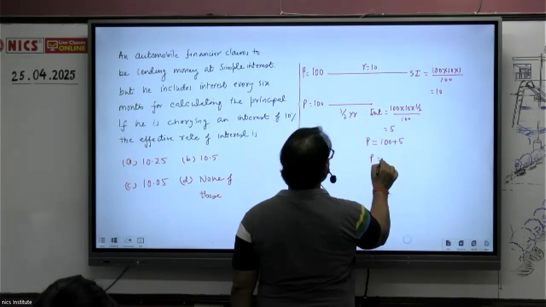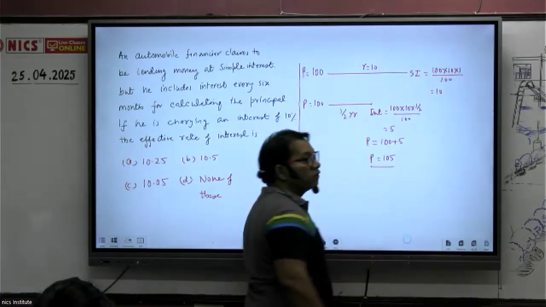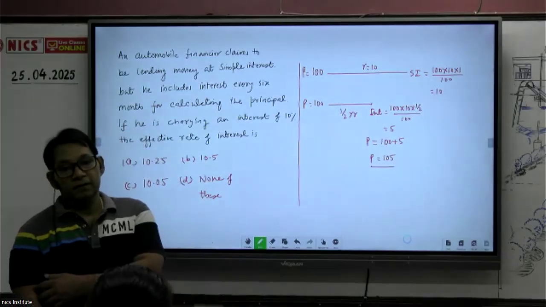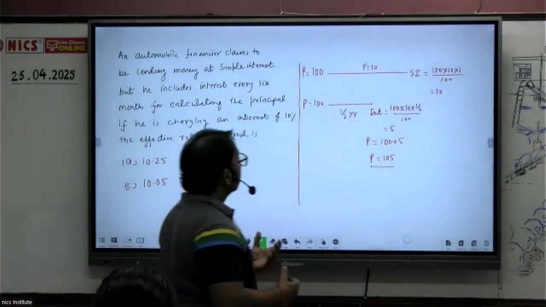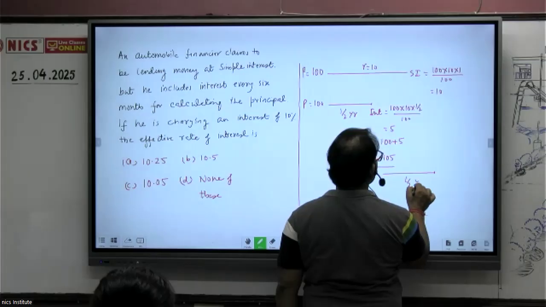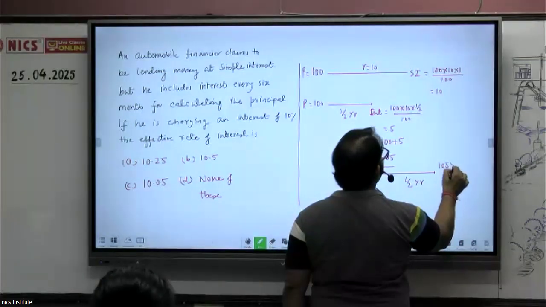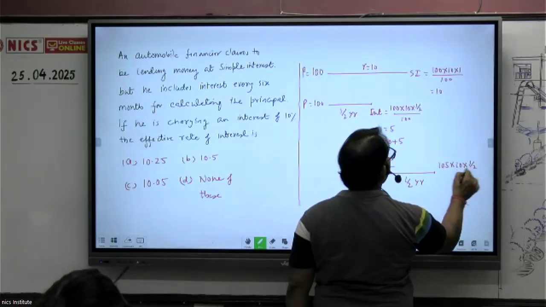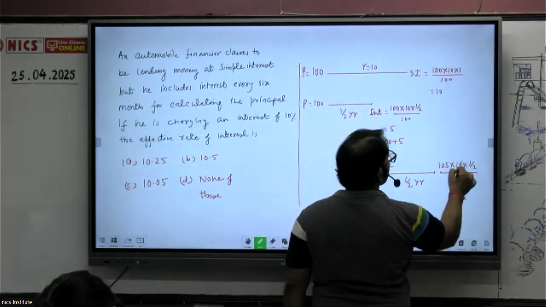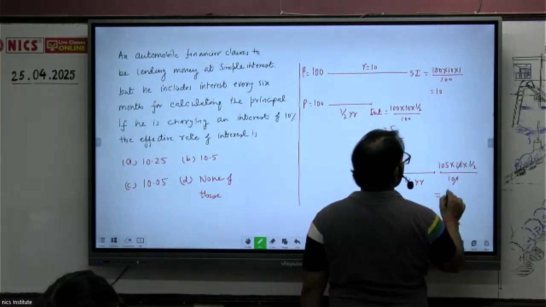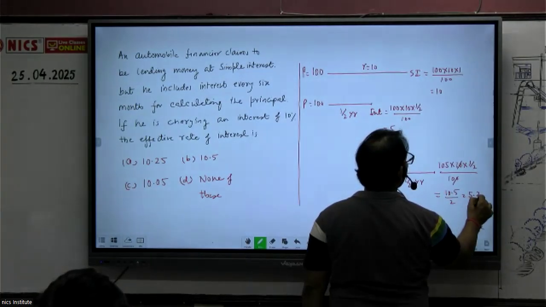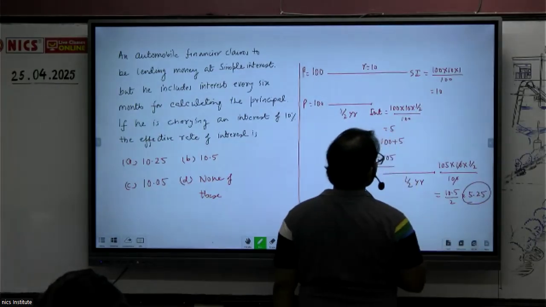That means after 6 months, the principal will be taken as 105. So on this principal 105, what will be the interest for the next 6 months? R, T is 1 by 2, half term. I'm just doing it by simple interest. 10.5 divided by 2, 5.25.